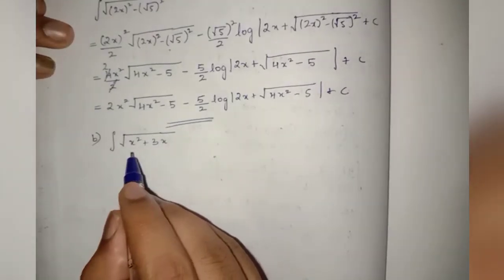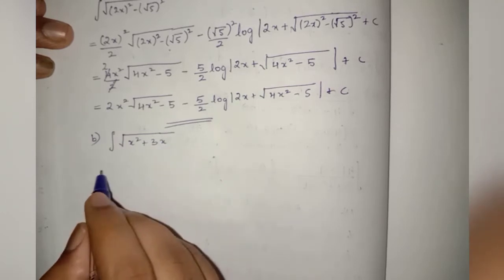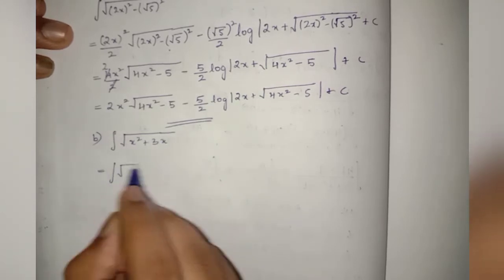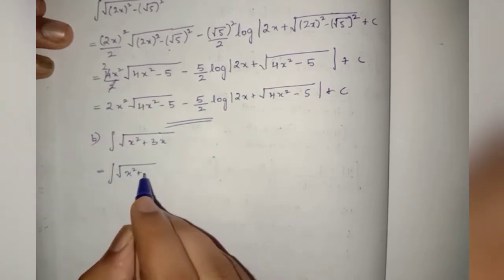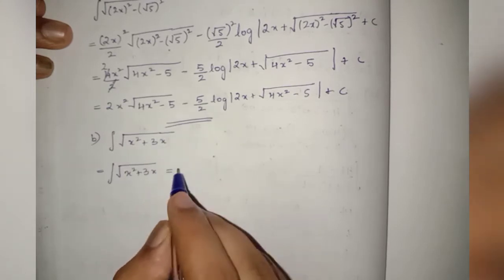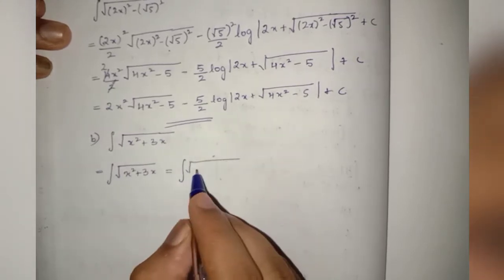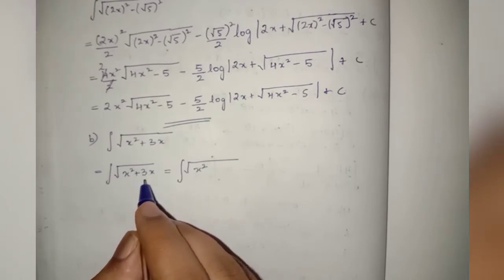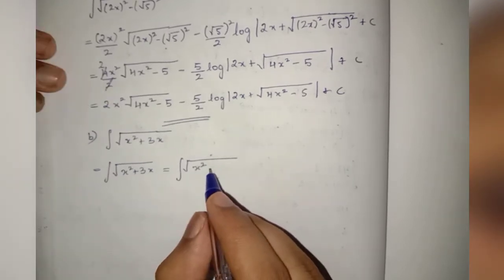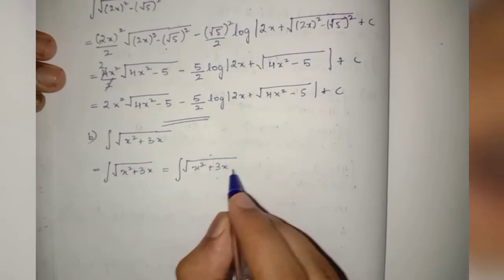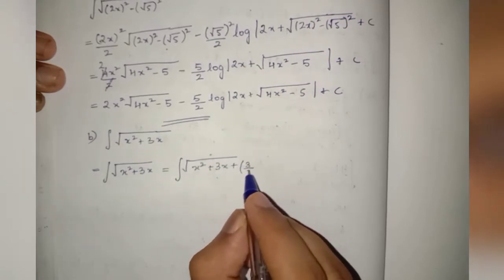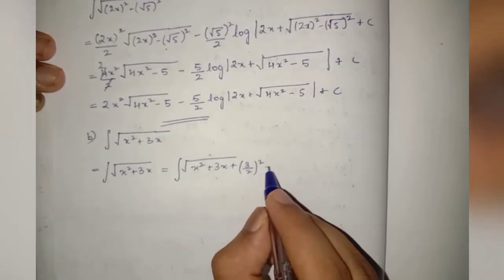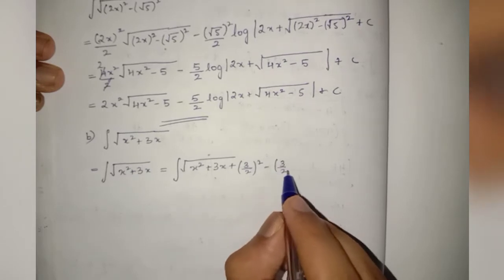So we can write this as integral root of x squared plus 3x. So the half of 3 is 3 by 2. So we can write this as x squared plus 3x plus 3 by 2 squared minus 3 by 2 squared.